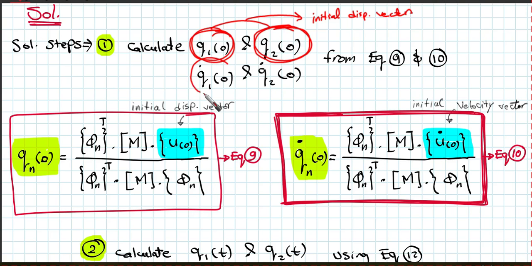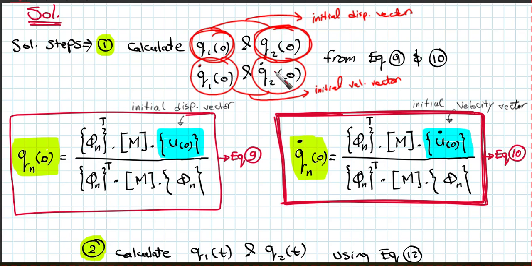And then we are going to calculate Q1 dot node and Q2 dot node, which are the contribution of the initial velocity vector.